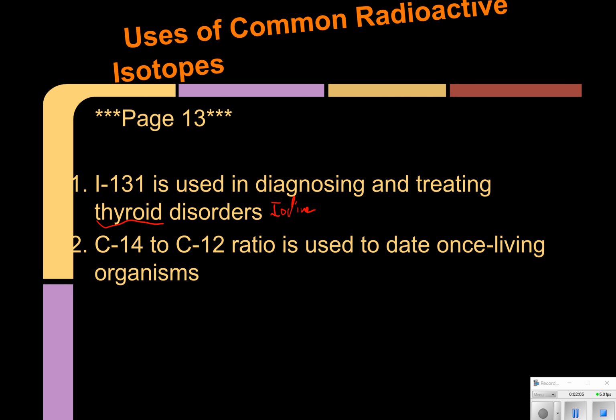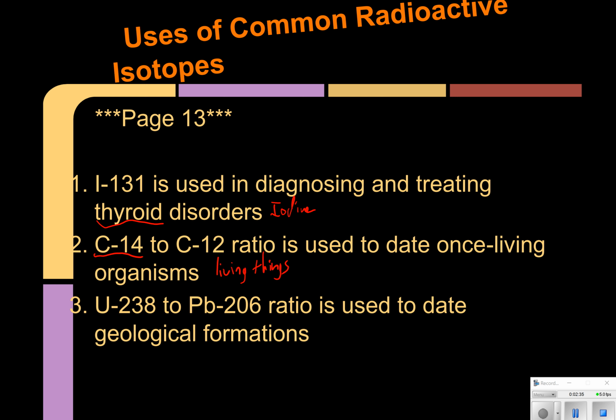If we compare the ratio of carbon-14 atoms to carbon-12 atoms in a particular sample, we can use that ratio to determine how old a once living organism is. So when you see the carbon-14 isotope, think that it's used to date once living organisms, or living things. So we see carbon, we want to think living things.